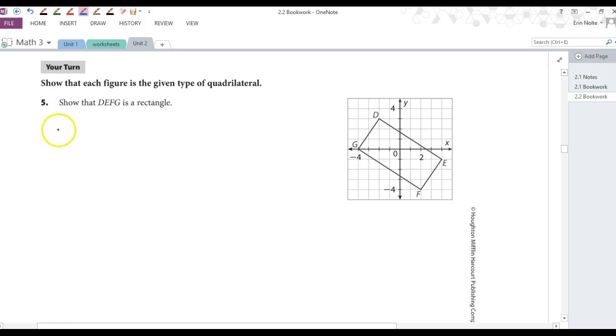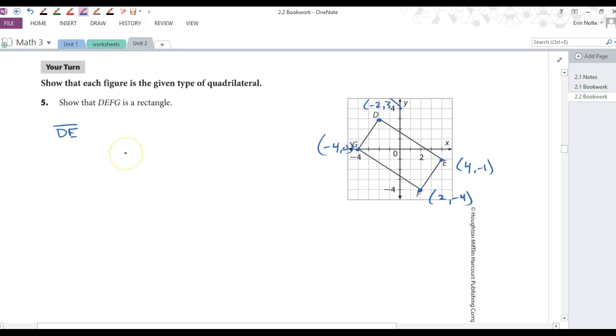So let's start with D to E. Okay, so actually maybe before I do this, let's go ahead and give all of these points. So let's say D is -2, 3. Point E would be 4, -1. F is 2, -4, and G is -4, 0.